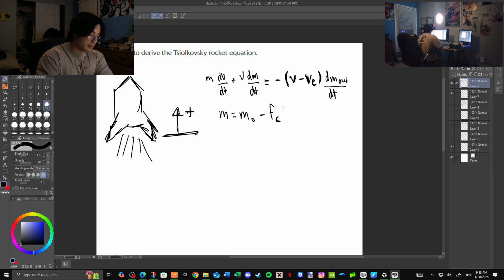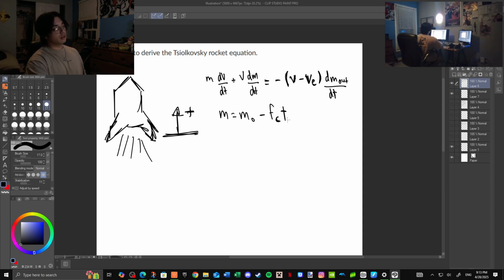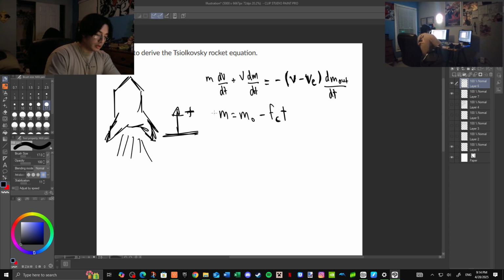And over time, more fuel is being used up, so that amount of fuel is being subtracted from m naught the more time passes. And so we can plug that variable in place of this m right here. So you have m naught minus fc t dv over dt plus v dm dt.